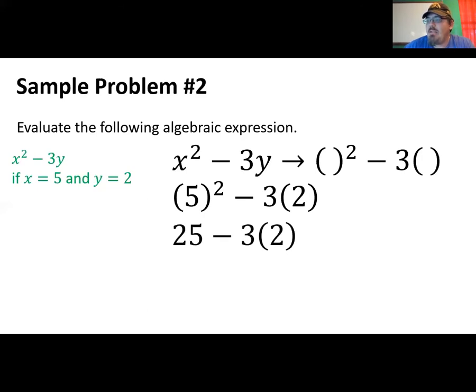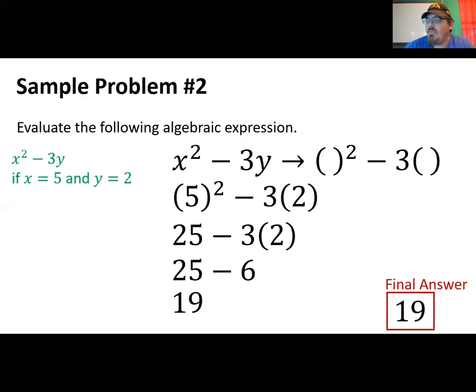Now we've got multiplication and division. We've got the 3 and the 2 that need to be multiplied. So 3 times 2 is 6. So we have 25 minus 6. And finally, we need to take care of addition and subtraction. So we're going to subtract in this case, and it looks like we end up with 19. So our final numerical solution is 19. And there you go.